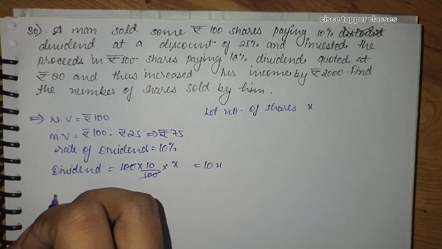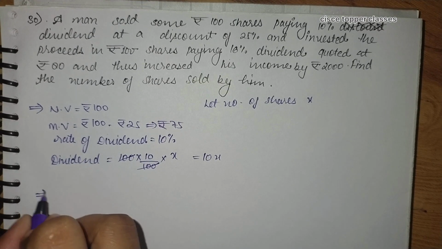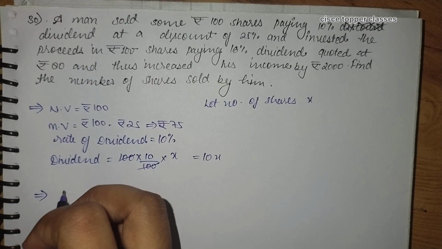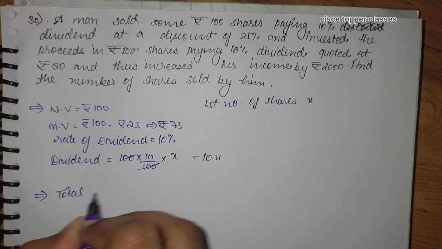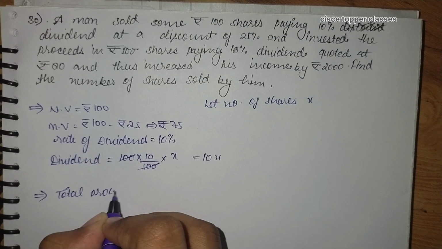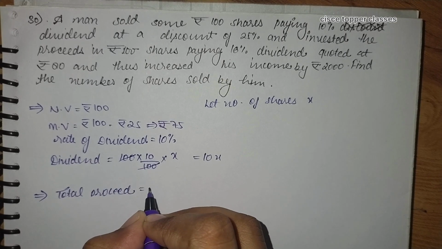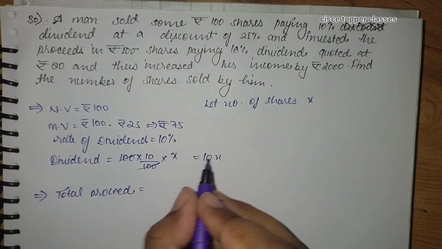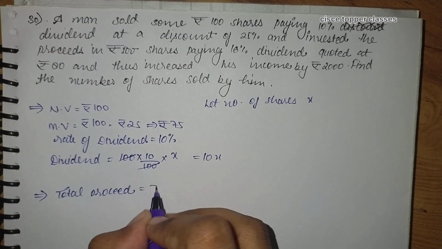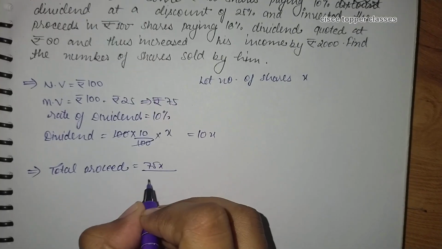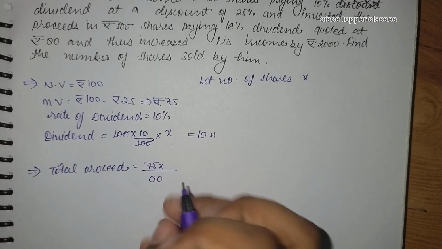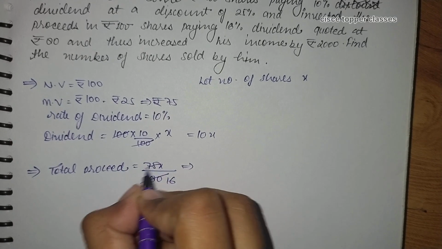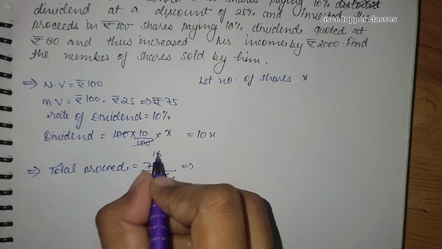Now, secondly, we have to find the number of shares which they invested the proceeds in. So if we want to find the total proceeds or the investment here, this will be 75x as the total market value divided by the market value of one share in this case. So on solving this, this will be 16, this will be 15.